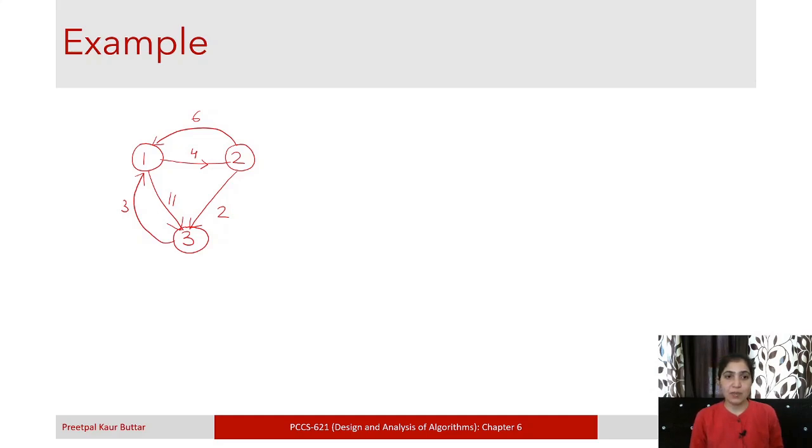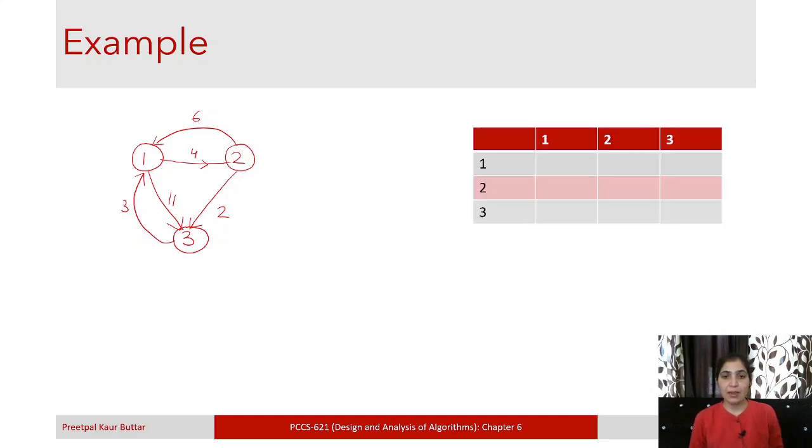The vertices are 1, 2 and 3, and this is the weight matrix W. There are 3 vertices, so there will be 3 iterations of the k loop. Actually, not 3, it will be 4, right?